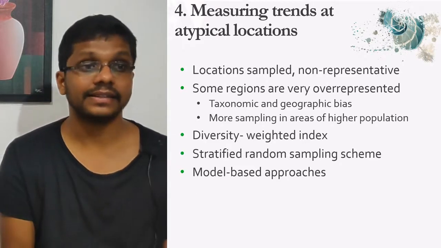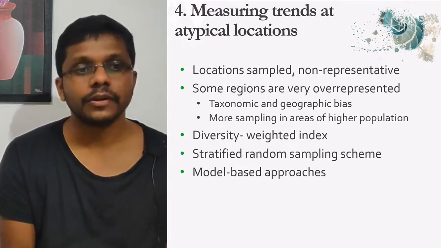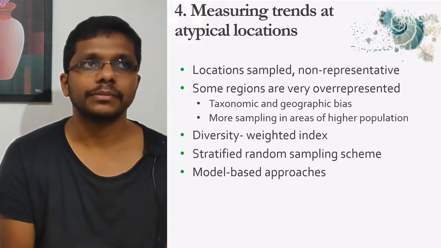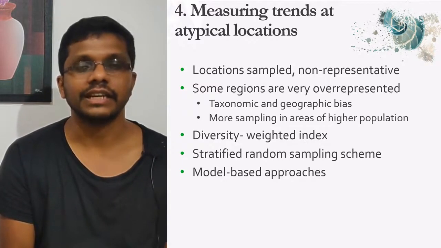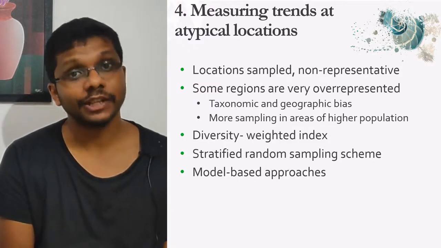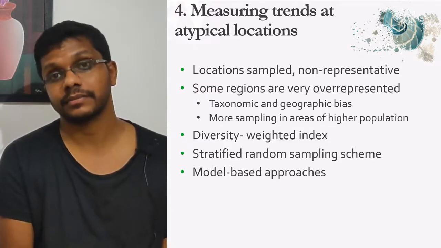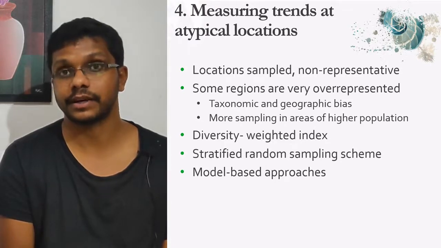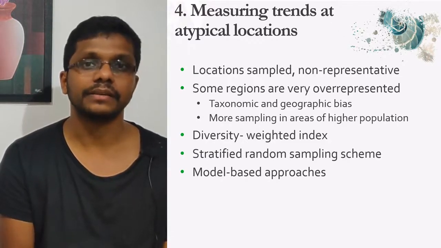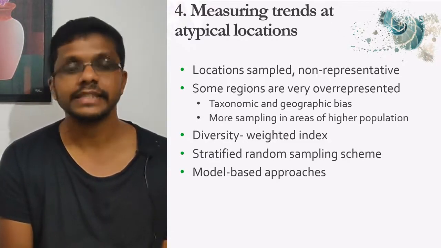Next, measuring trends at atypical locations. When we do a bird survey or butterfly survey, we will only survey the regions we know about. We know some areas where birds will come continuously, or where there is a chance of seeing birds, or places where butterflies are plentiful.